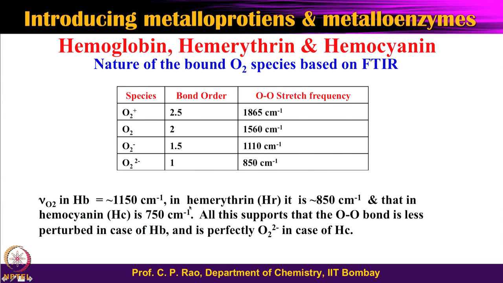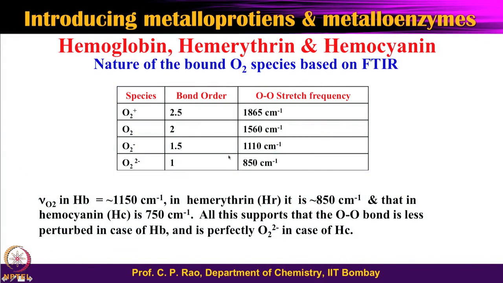Now, if you compare, there is the least perturbation in the case of oxygen bound to the hemoglobin iron, and an intermediate perturbation when it is bound to the hemerythrin. As you can see from the structure, it is not centered between the two irons. When you go to the third case, hemocyanin, you can see the OO is exactly centered, binding to both the coppers.